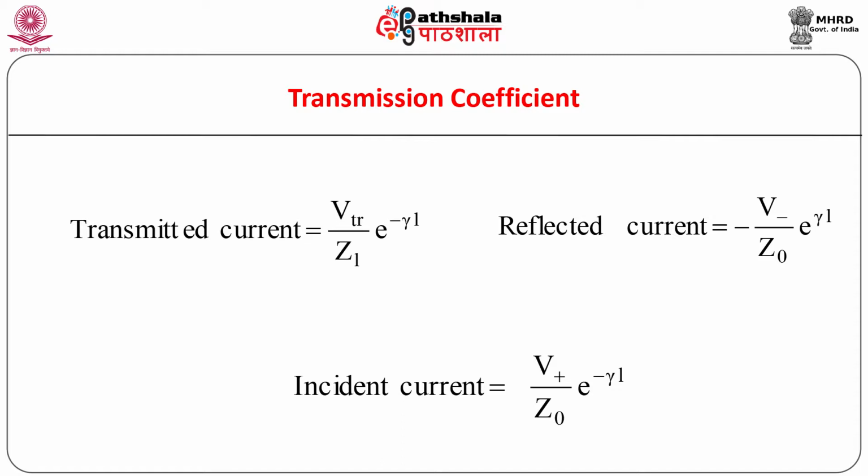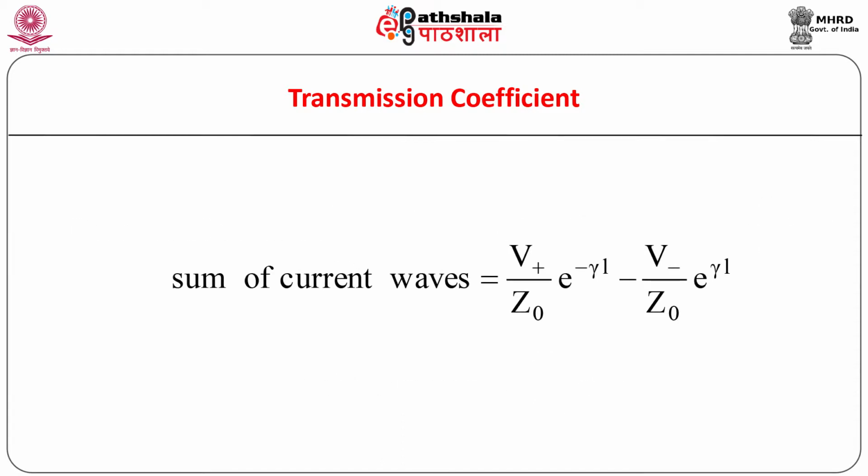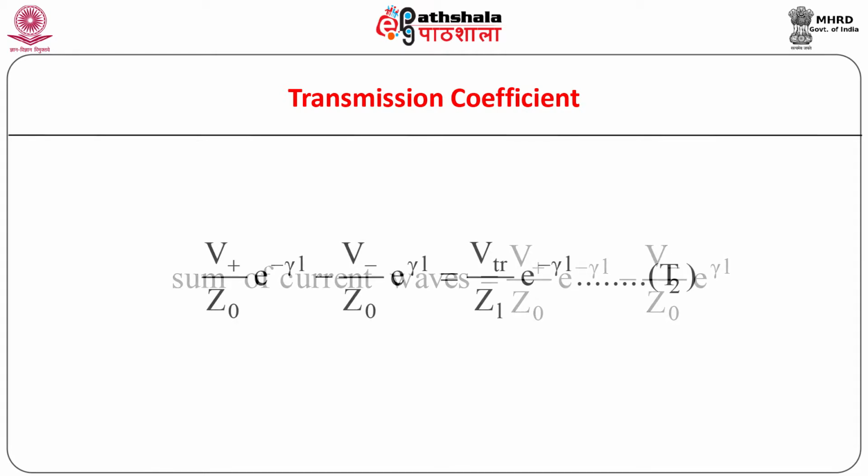On the other hand, in the case of incident and reflected current waves, the characteristic impedance is selected for such a division. The sum of the currents at the sending end can be written as shown. Similar to the case of voltage waves, equating the expressions for the sum of current waves and the transmitted wave at the receiving end, we have the equations as shown.